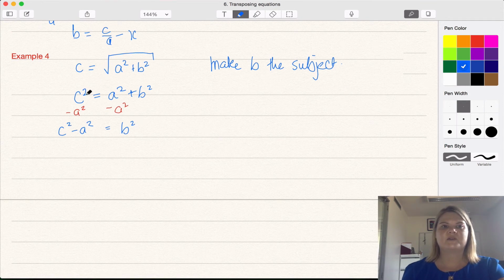Remember, to get rid of a square root, we put a squared on the opposite side. To get rid of a squared, you need to put a square root. So we can take this whole side and put a square root here, and get rid of the square here. So it's just B. B equals the square root of C squared minus A squared.